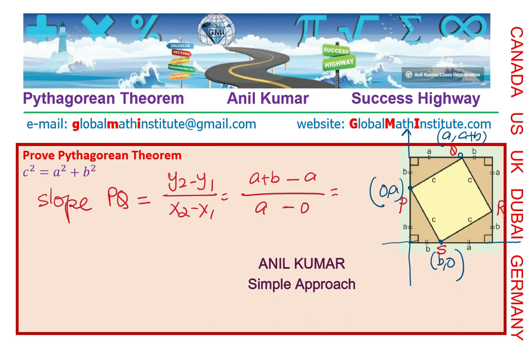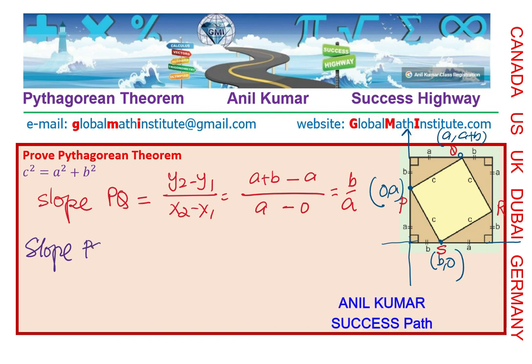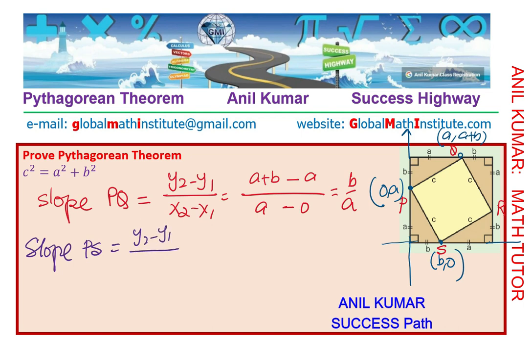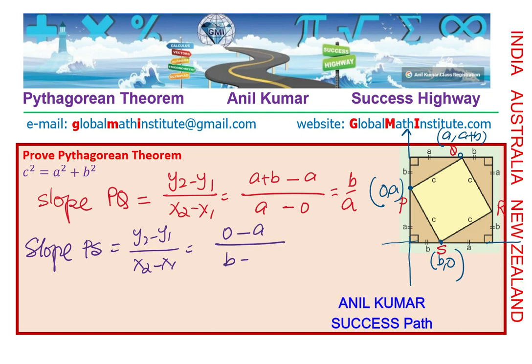So what you get here is a minus a becomes 0, so b over a, right? So positive slope for PQ. Now let us also find the slope for P to S. Again using the same formula, y2 minus y1 over x2 minus x1. Now coordinates of S is (b, 0), so the y value is 0, so 0 minus a over b minus 0. And that gives us minus a over b.